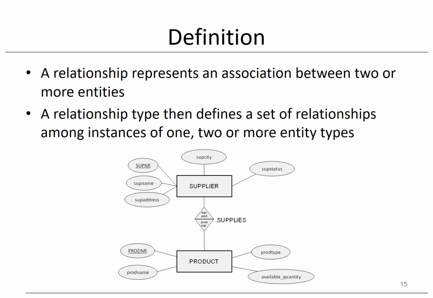Each relationship instance of the supplies relationship type relates one particular supplier instance to one particular product instance. However, similar to entities and attributes, individual relationship instances are not represented in an ER model.